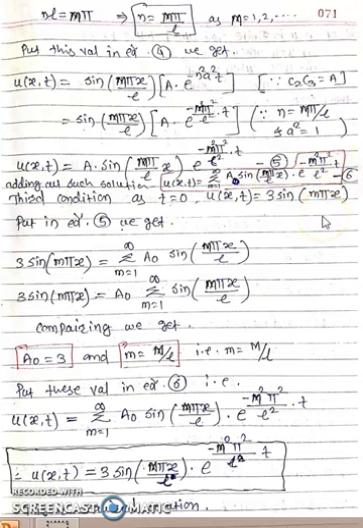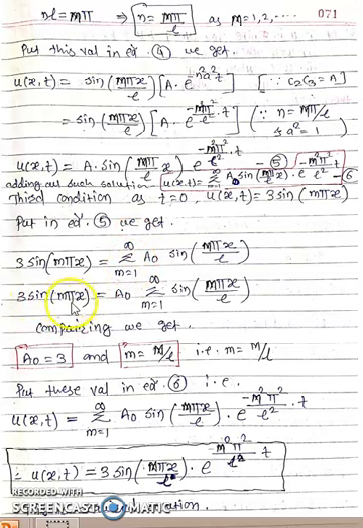Then using the third condition, as t will be 0, u(x,t) will be 3 sin mπx. Put this value in equation number 6. We get 3 sin mπx equals, for the respective values of m, the summation m equals 1 to infinity a0 sin(mπx/L).